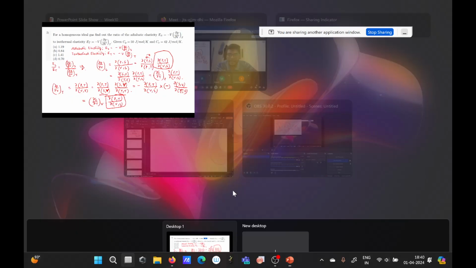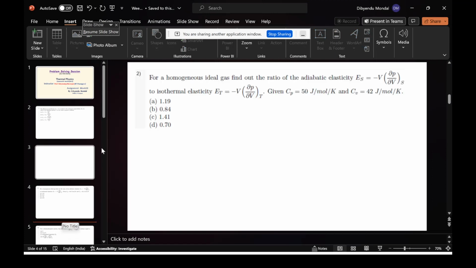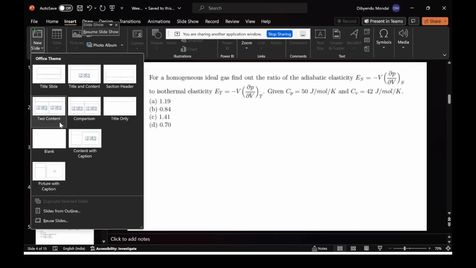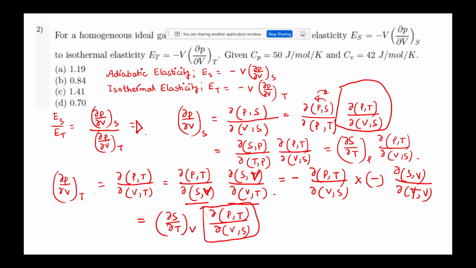Let me add one page. So we have written in terms of this.